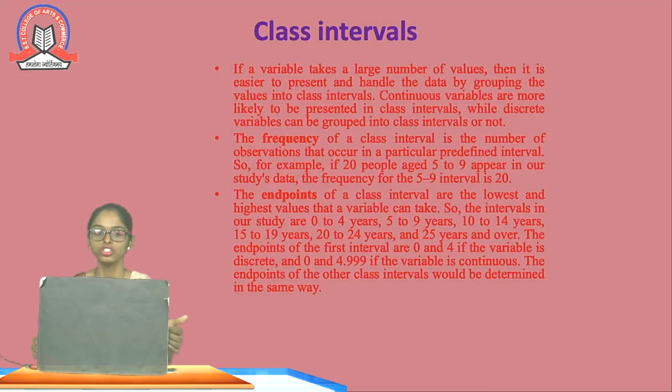The endpoints of the first interval are 0 and 4 if the variable is discrete, and 0 and 4.999 if the variable is continuous. The endpoints of the other class intervals will be determined in the same way. This is called a class interval.